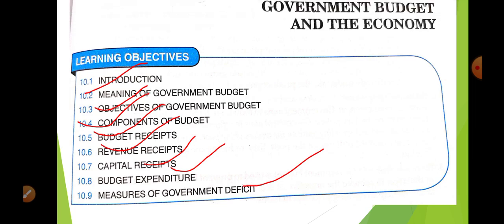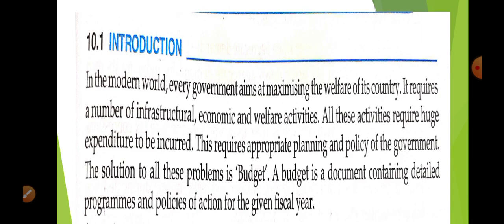So let us start. Introduction. If we talk about economics, its main aim is to increase social welfare.